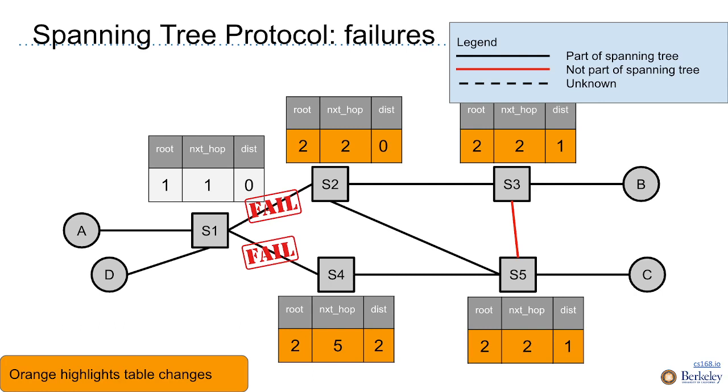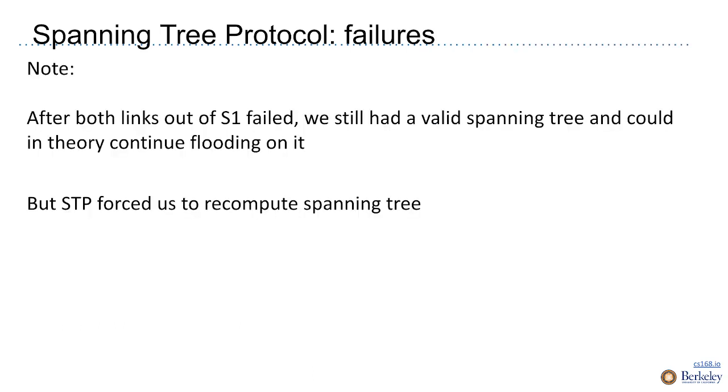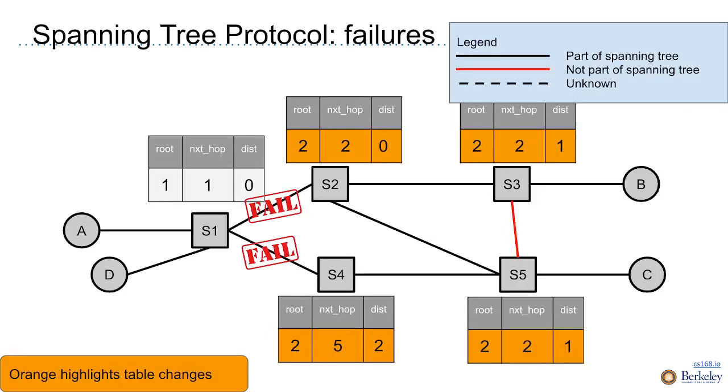S1 would maintain a valid spanning tree for those nodes. It periodically sends out a message telling that it's still root, and if it doesn't, then election starts and they start finding a new root. But it just maintains the spanning tree. That's the only thing that's special. Someone has to tell that this path is still alive, and that's done by the root.